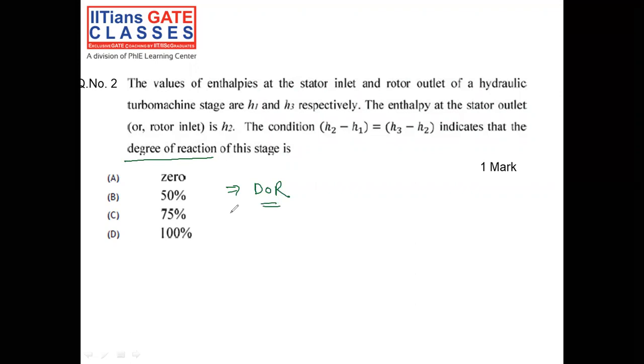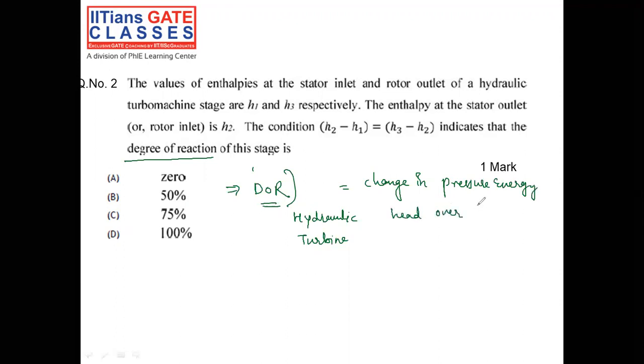Whether it is a hydraulic turbine or a steam turbine, we calculate the degree of reaction for both cases. Degree of reaction for a hydraulic turbine, we usually define as the change in pressure head or pressure energy head over the runner divided by the total change in the energy.